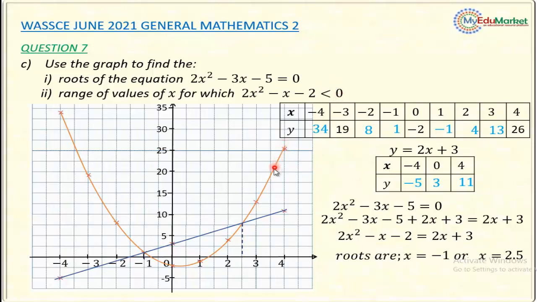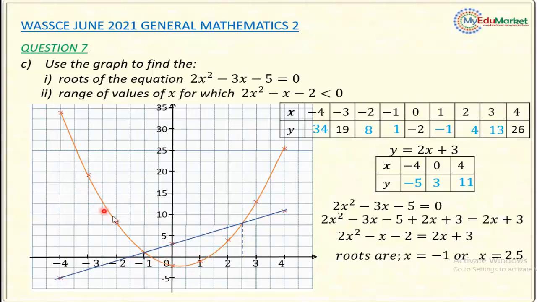If you go down here where it crosses the x-axis, the value of y there is 0, and where it crosses the x-axis, the value of y there is 0. But this down is where you have values of y less than 0. So these are the range of values of x we are interested in.